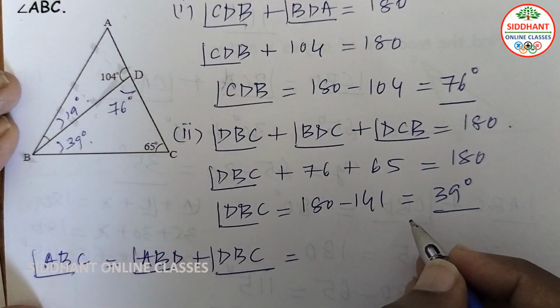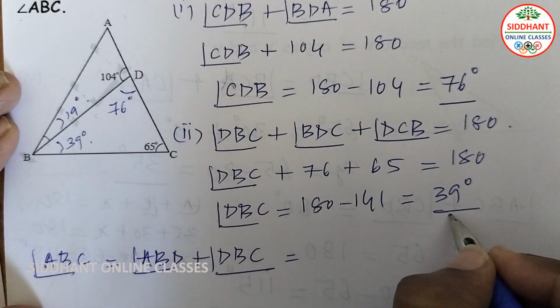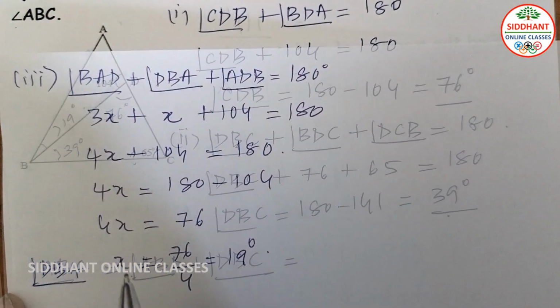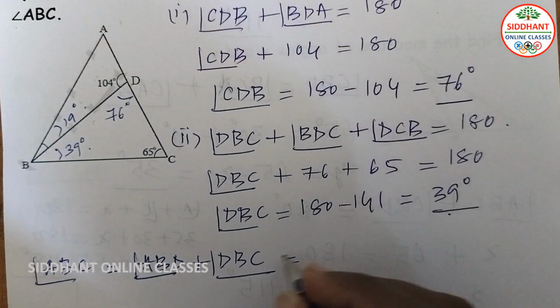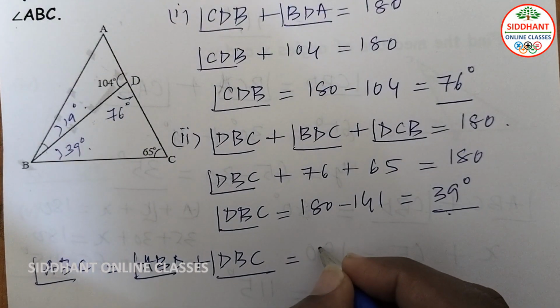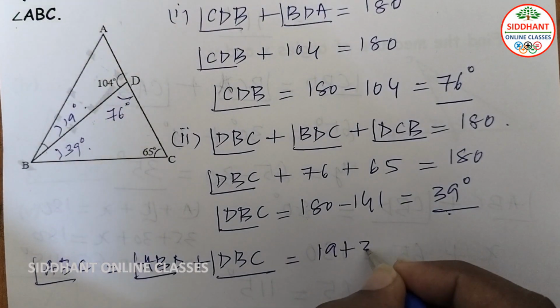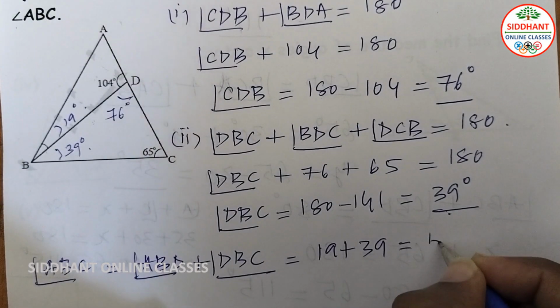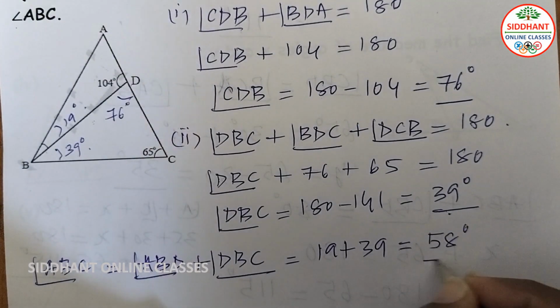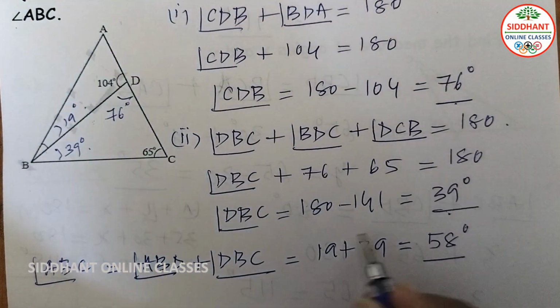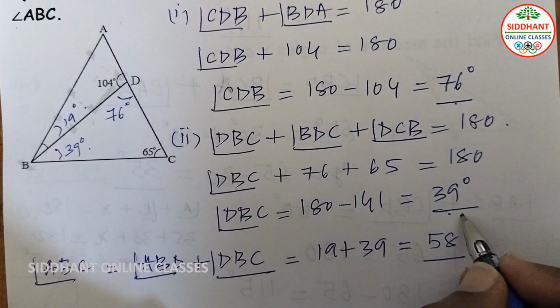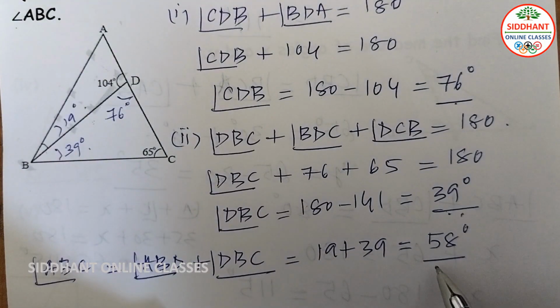So already we got DBC is 39 degrees and DBA is 19 degrees. So now ABD, which is 19, and this is 39, so that will be equal to 58 degrees. So angle CDB is 76 degrees, angle DBC is 39 degrees and angle ABC is 58 degrees here.